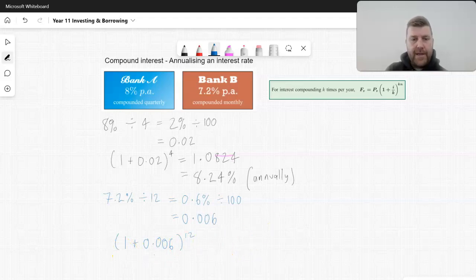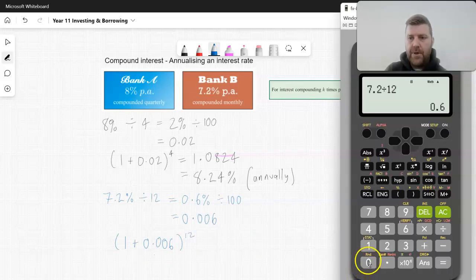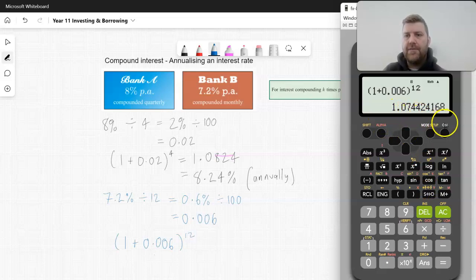Again, put that into your calculator. So let's get the bracket open first. So 1 plus 0.006 all to the power of 12 is, again, let's go to 4 decimal places, 1.0744.